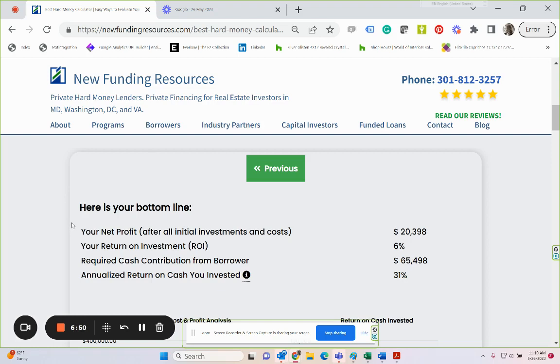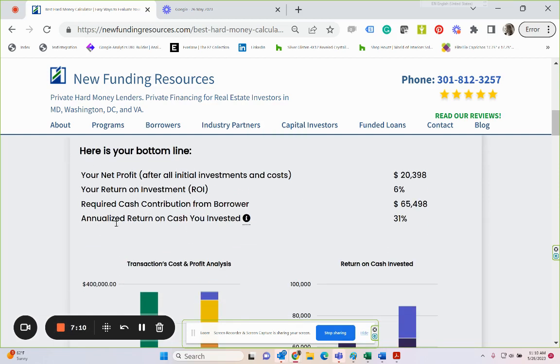Here on the top section, it pretty much gives you the bottom line, the profit that you expected to make, your return on investment, in this case 6%, and how much cash you would be contributing yourself to the transaction. And this line here is annualized return on cash you invested. Might sound a little bit confusing, but we have a box here which explains what that is.